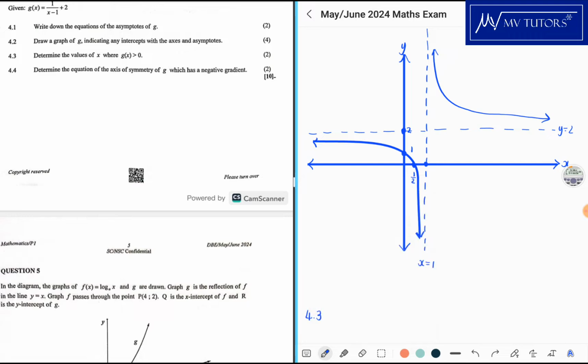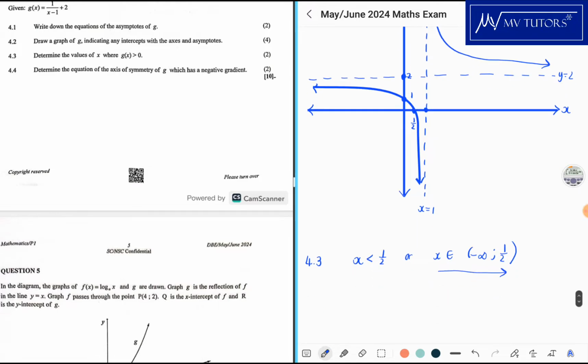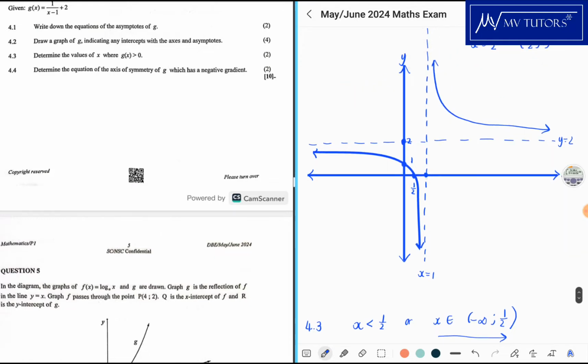So basically, where x is smaller than a half, or you could say x is an element of negative infinity all the way to a half. Okay, and it said where it's bigger than 0, not bigger and equal to. So you're going to have round brackets if you write it in this way. Okay, and also where x is bigger than 1.